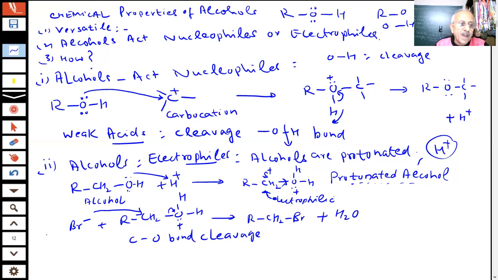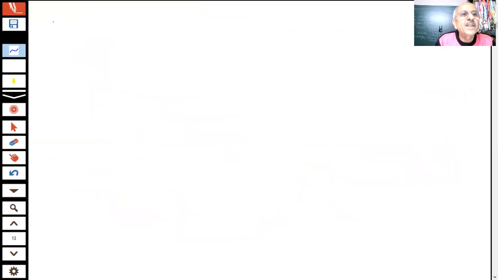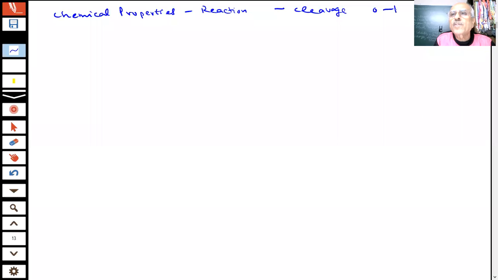Now, when I discuss the chemical properties or reactions of alcohol, there are two types of reactions. One reaction involves the cleavage of the OH bond, and the second involves the cleavage of the carbon-oxygen bond.